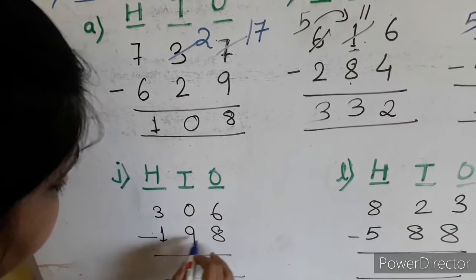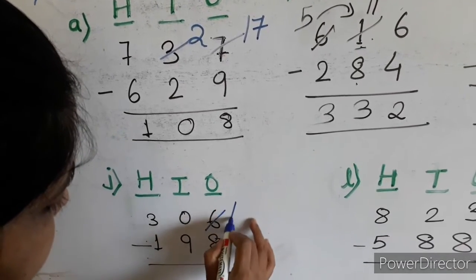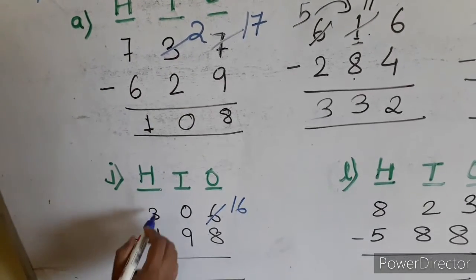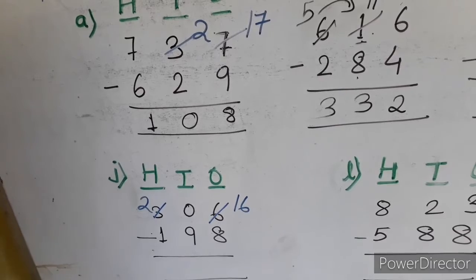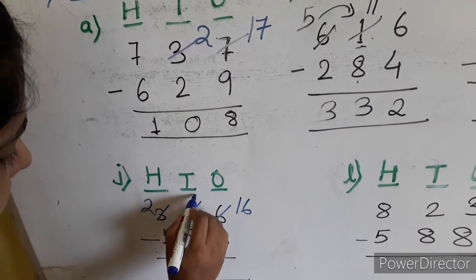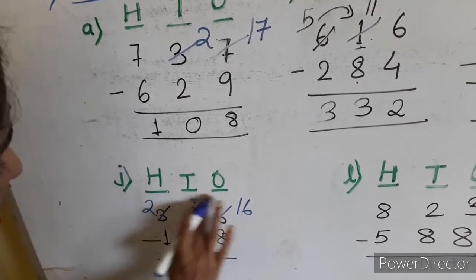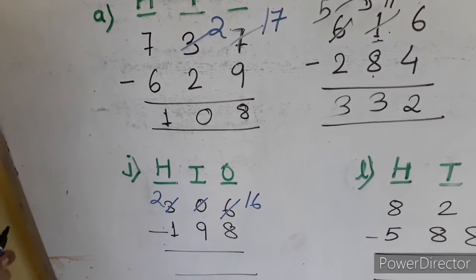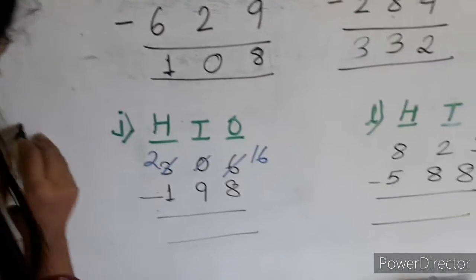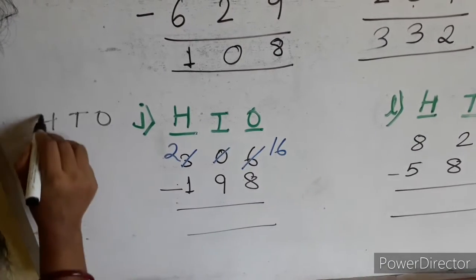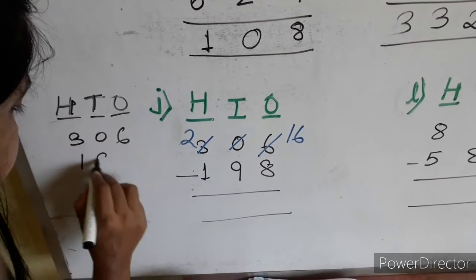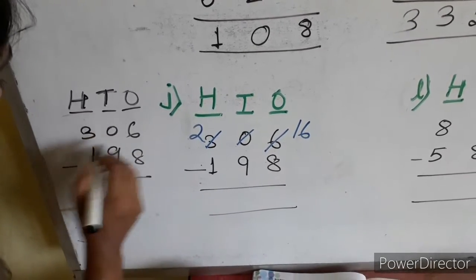Then this side, again, 306 minus 198. Again we will cut here like this, and do the same thing. First it will be 2, and after this 9. I will show you again, so you won't be confused.